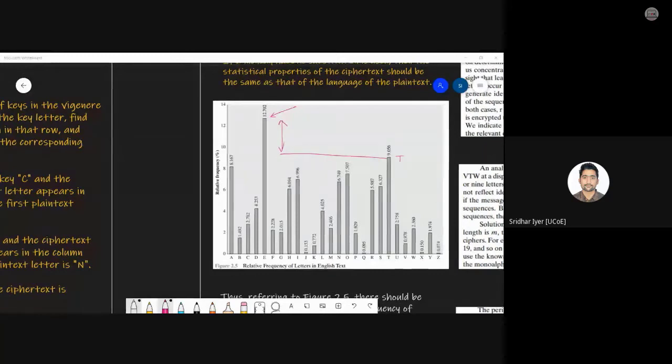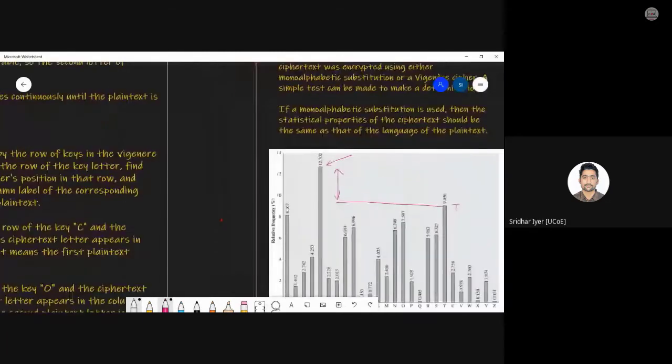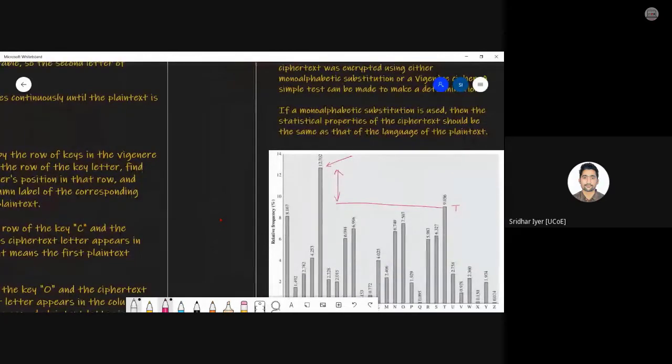What exactly happens is the attacker will first count the occurrence of each and every ciphertext character and then calculate the percentage occurrence of that character in the ciphertext. Whichever character has the highest occurrence in that ciphertext, for example, let me give you an example. It was found that the character G has the highest occurrence.